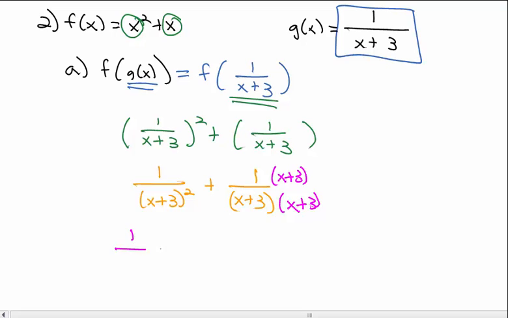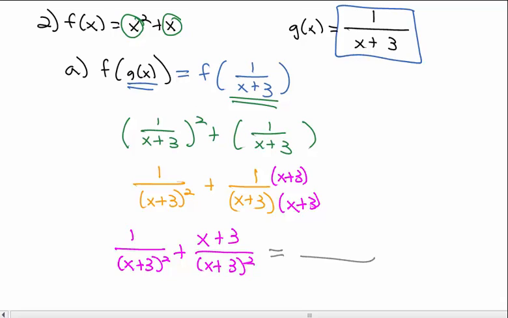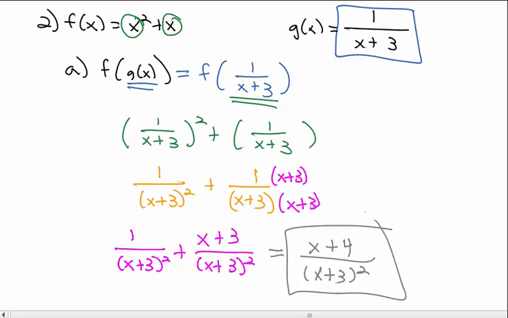And that's going to give us 1 over x plus 3 squared plus x plus 3 over x plus 3 squared. Combining like terms, then in the numerator we have x plus 4 over our common denominator of x plus 3 squared. We have our composition.